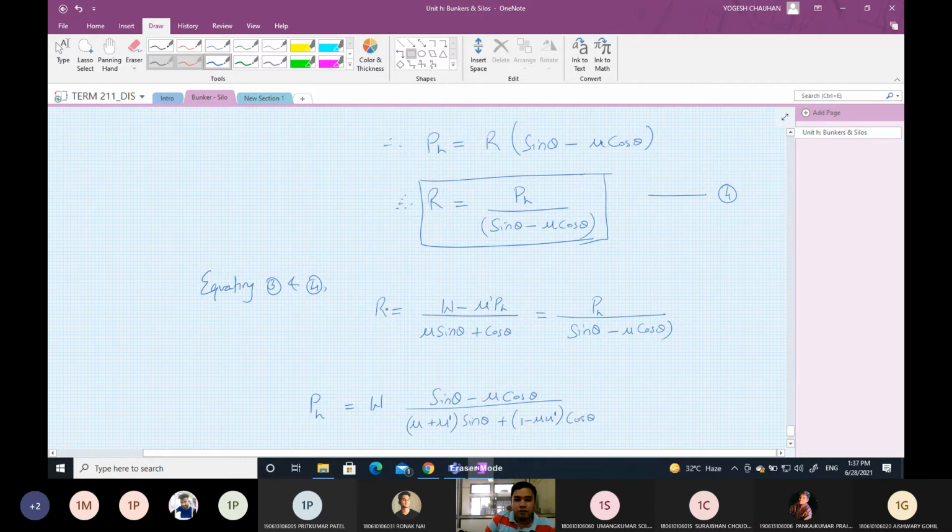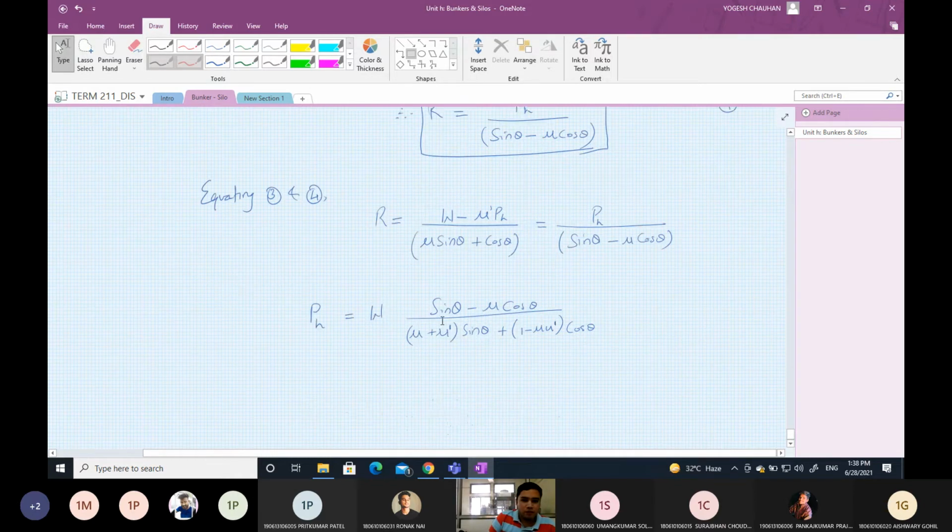See what we have done, we have equated these two with the r, so you can take this term on the left side and this term on the right hand side, and you can multiply them, and on further simplification you will get this expression.